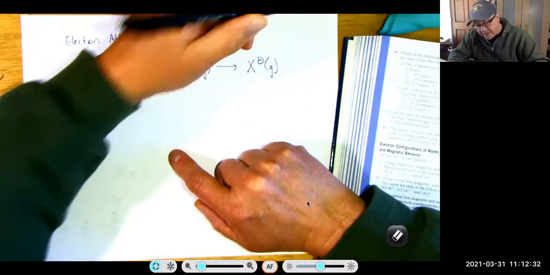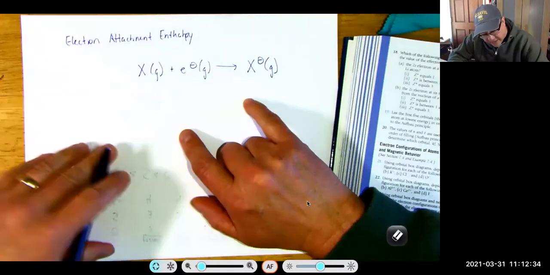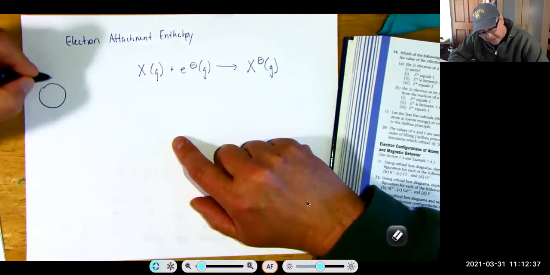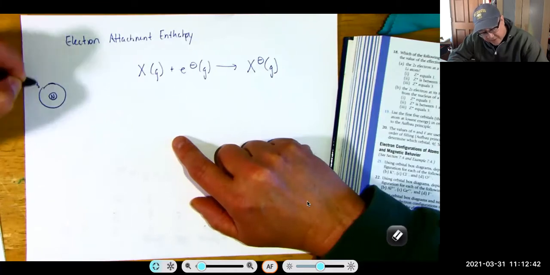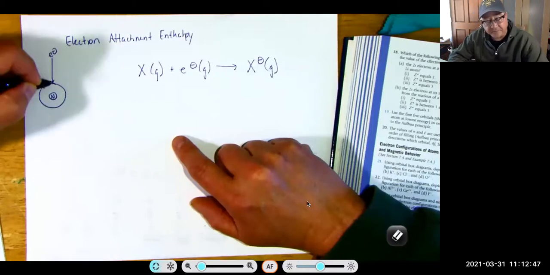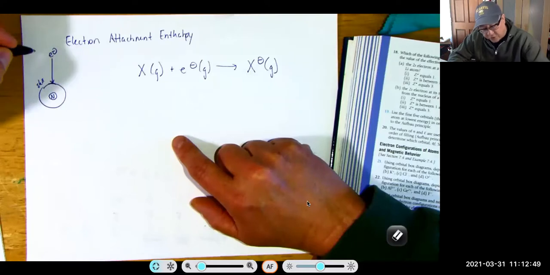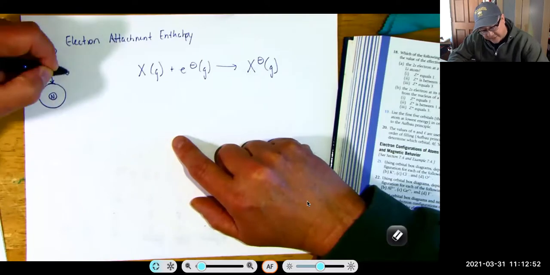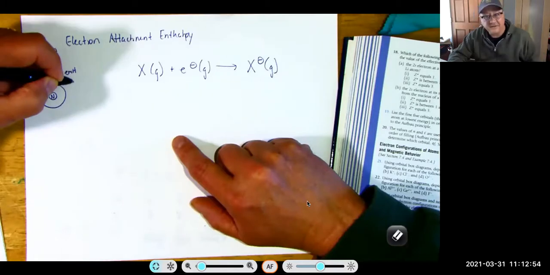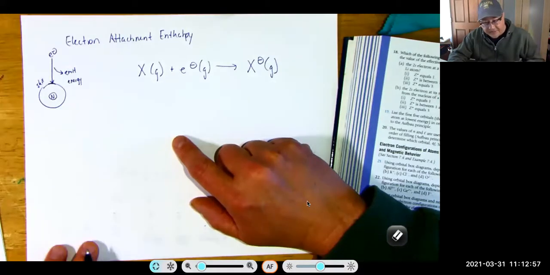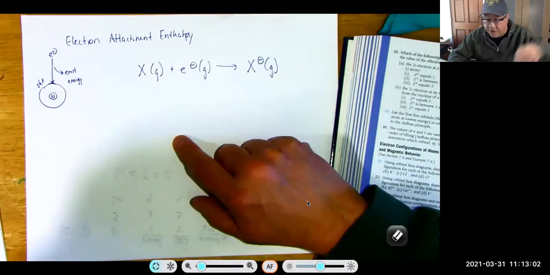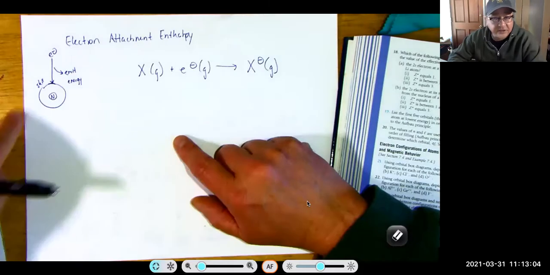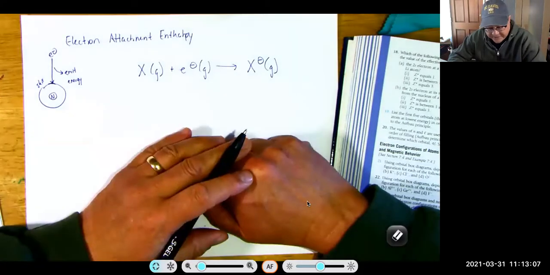Now, it turns out that if you have an atom, and here's your nucleus, and here's your shell, and you have an electron come from infinity and end up on the atom, that's going to emit energy, right? We've seen that with an electron going from n equal 2 to n equal 1. It emits energy when it goes down. And here it's coming from infinity to the electron, so that's going to emit energy.